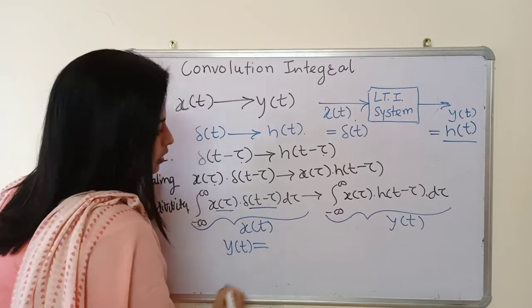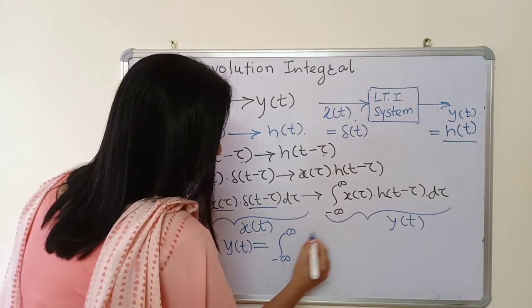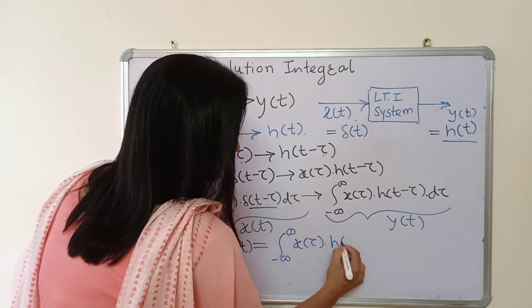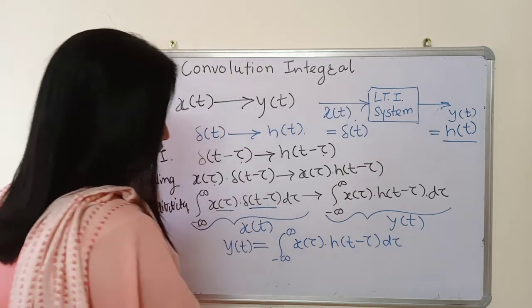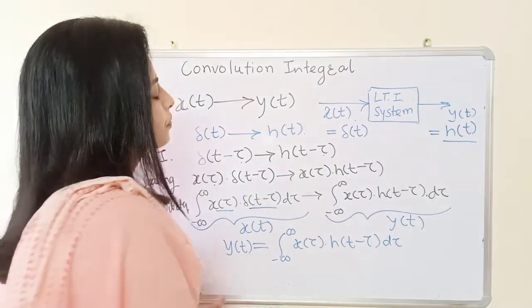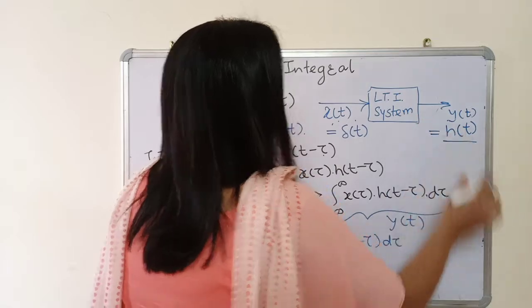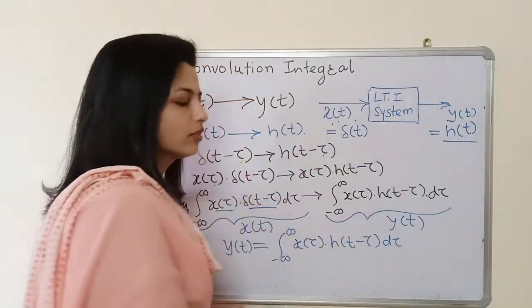y of t is equal to the integration over tau from minus infinity to infinity of x of tau h of t minus tau d tau. This is the relationship we are searching for between the input and output, depending on the characteristics of the system.